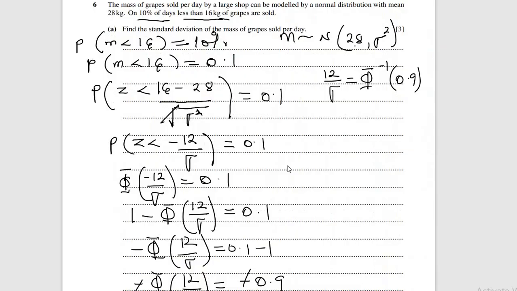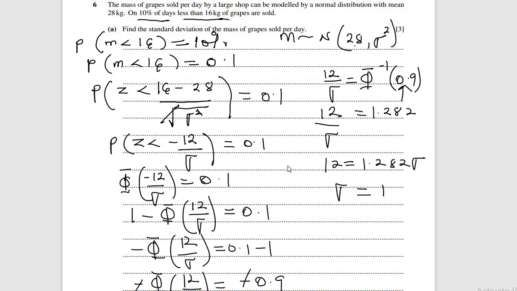So which means we have 12 over sigma. When you check your table, this one gives us 1.2 under 8 additional 2. That is what will give us 0.9. So from here, 12 is 1.282 sigma.